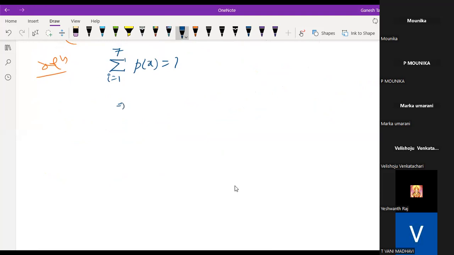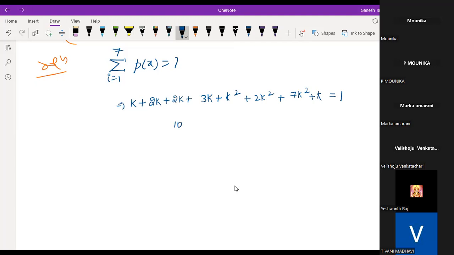This implies k plus 2k plus 2k plus 3k plus k square plus 2k square plus 7k square plus k must be equal to 1.